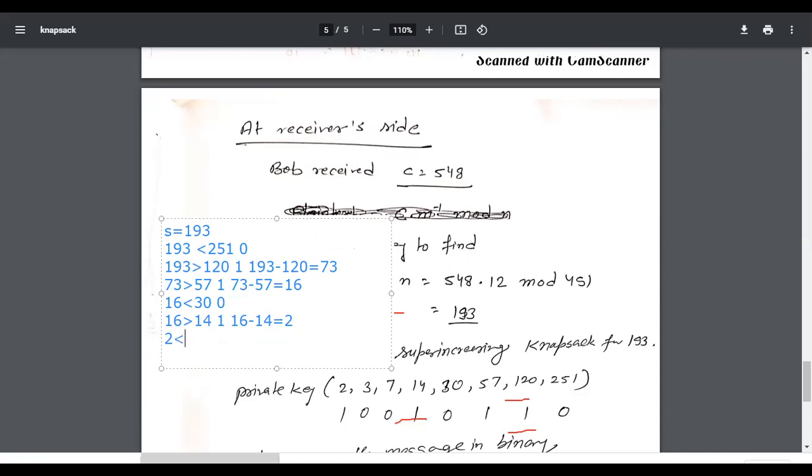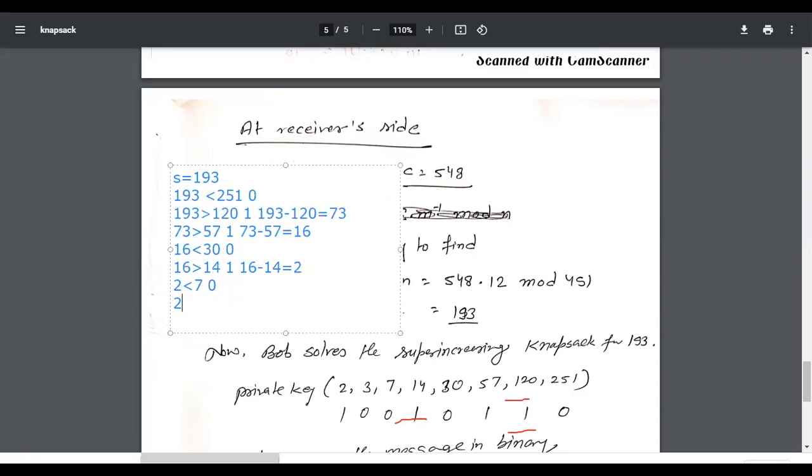So 2 is less than 7, so bit value will be 0. Now we will compare 2 with 3. So 2 is less than 3, so bit value will be 0. And now next and last one is 2. 2 is greater than or equal to 2, so bit value will be 1.